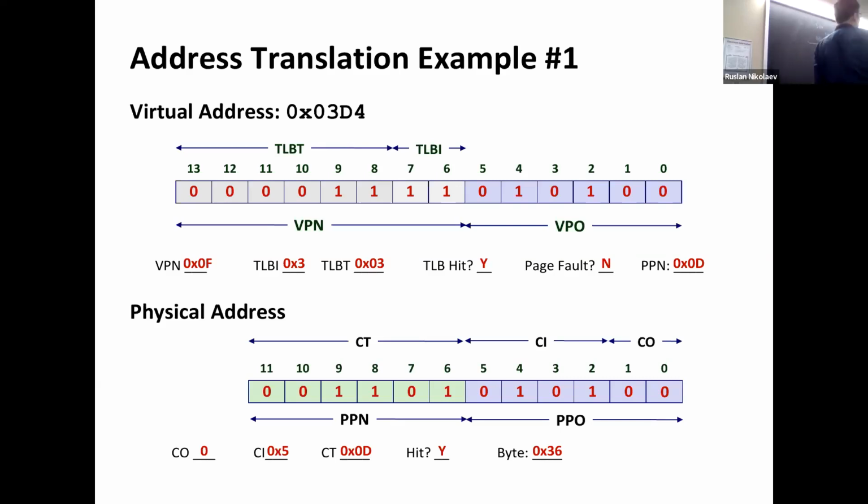And the TLB tag is going to be the remaining bits. How many remaining bits do we have? We have 8 bits for the virtual page number, minus 2 bits for the TLB index, so we should have 6 bits. We have only 4 bits, so we have to put a couple of zeros in front. This is going to be the TLB tag.